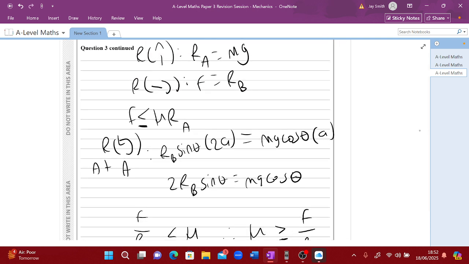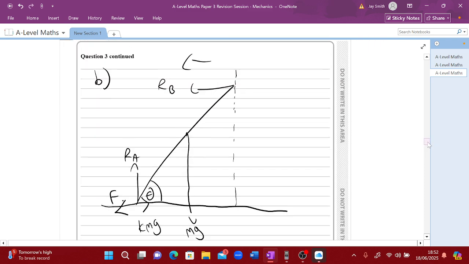It's still going to be RB sine theta times 2a is mg cos theta times a. Because RB and the weight and the reaction force would still resolve in the same way, they'd still be the same. Even though all we did was add a force to A, we cancel all the forces at A anyway, so it wouldn't matter.